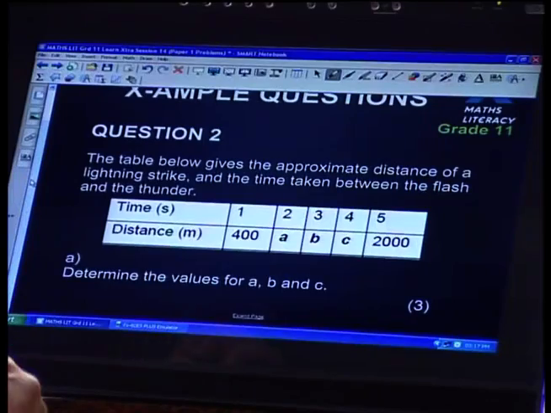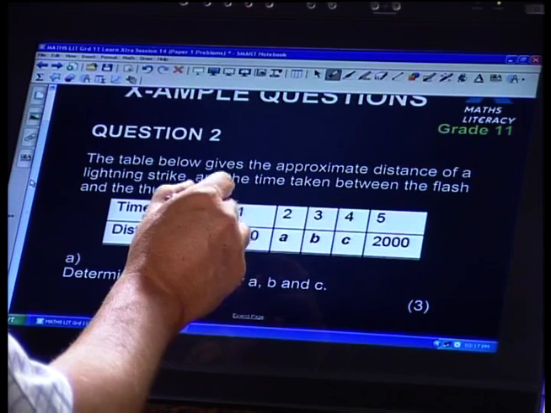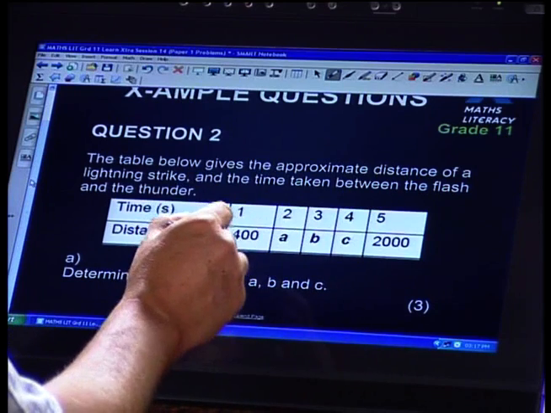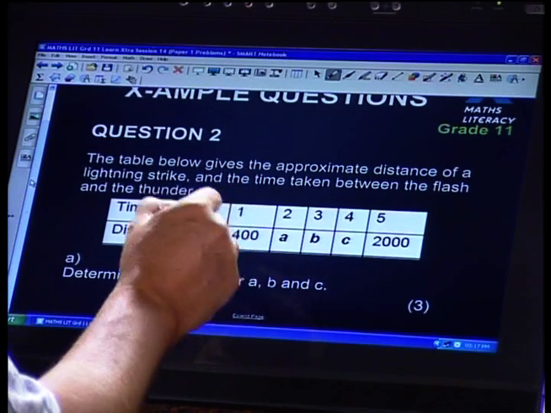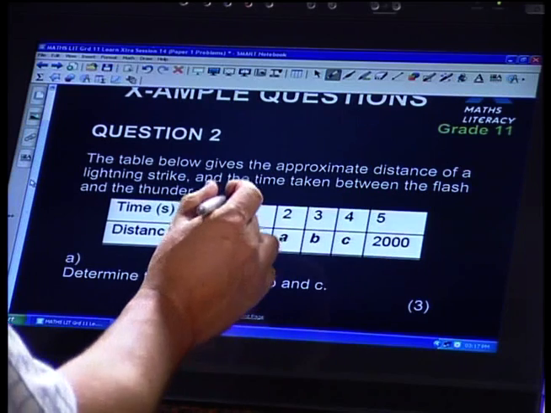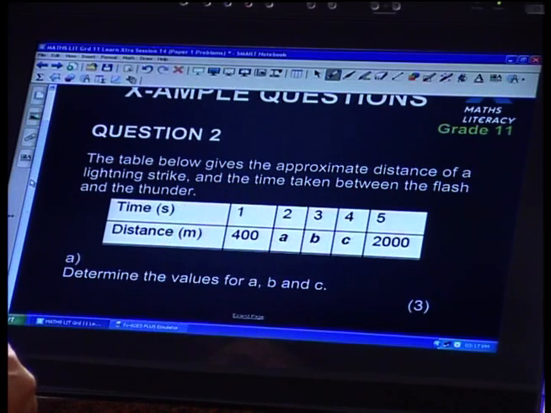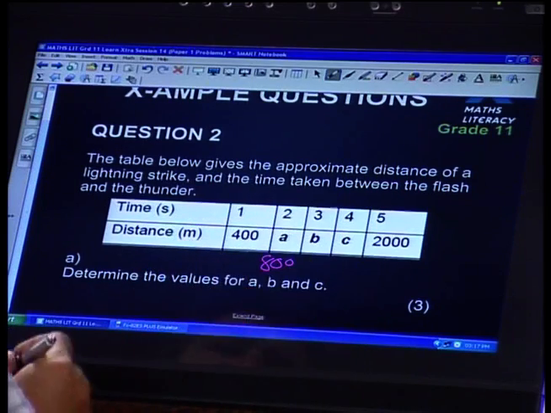So let's look at this table. Time, 1 second, and you hear the thunder and you see the flash. 1 second between the two, 400 meters away. If it's 2 seconds, how far is the storm? Well, if 1 second represents 400 meters, 2 seconds are going to represent 800.